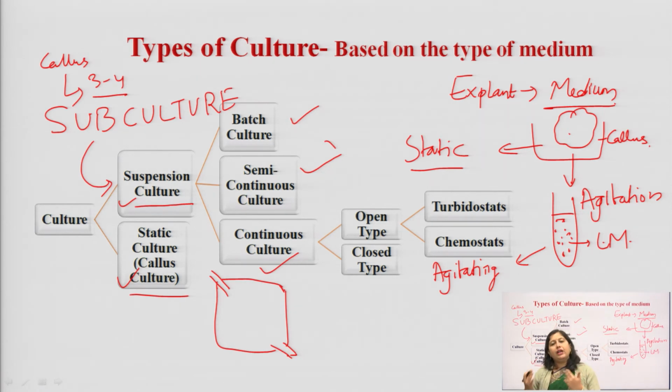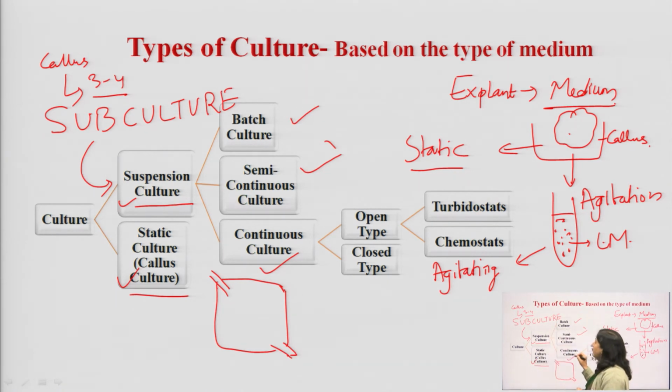After say 15 days, again you enter some amount of fresh medium and remove some amount of used up medium. So, this is a semi-continuous culture where at a particular time interval you are putting in fresh culture medium, so that the cells do not feel short of any kind of nutrients.